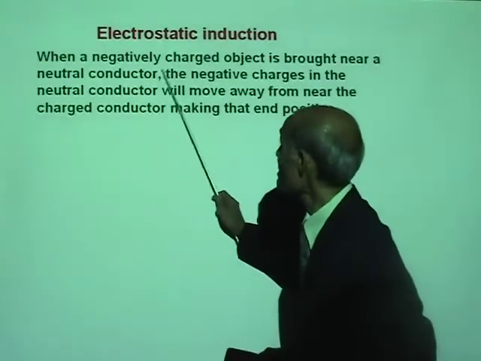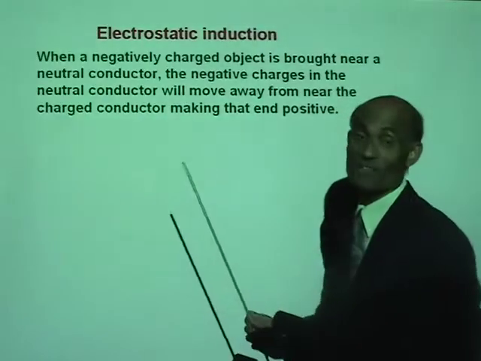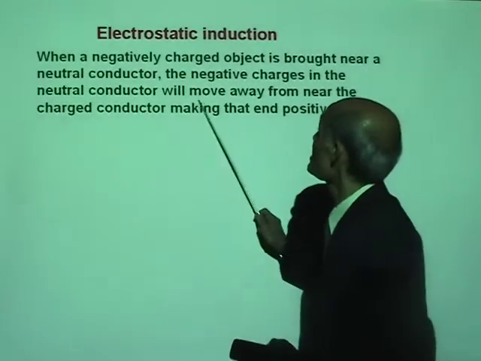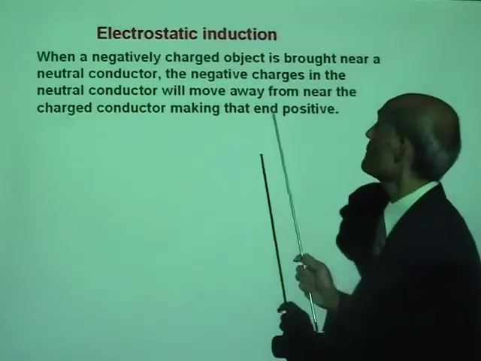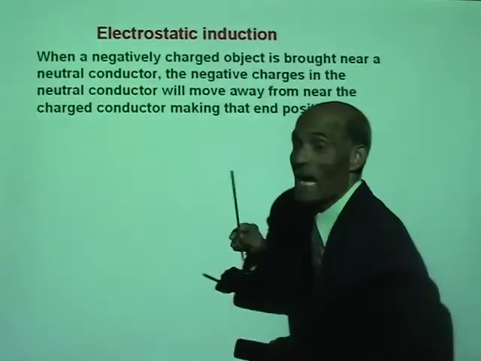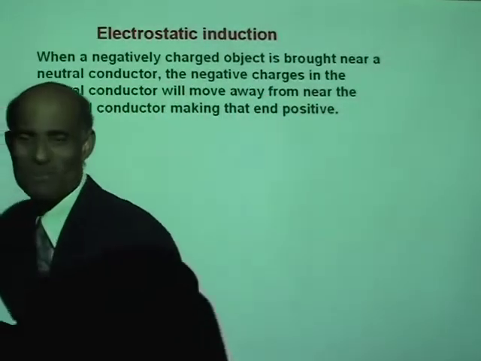When a negatively charged object is brought near a neutral conductor, the negative charges in the neutral conductor will move away from near the charged conductor to the other end. In other words, let me see if I can show that one more time.